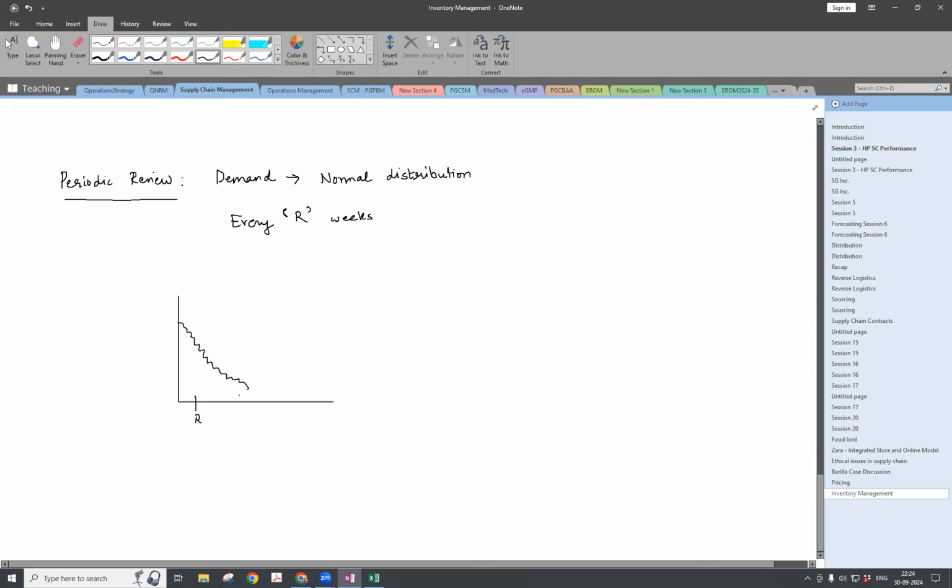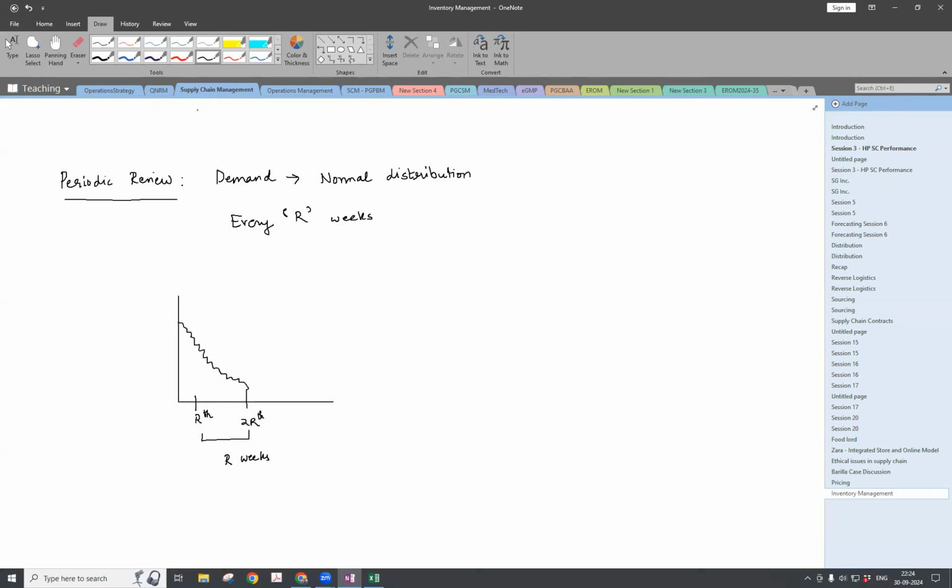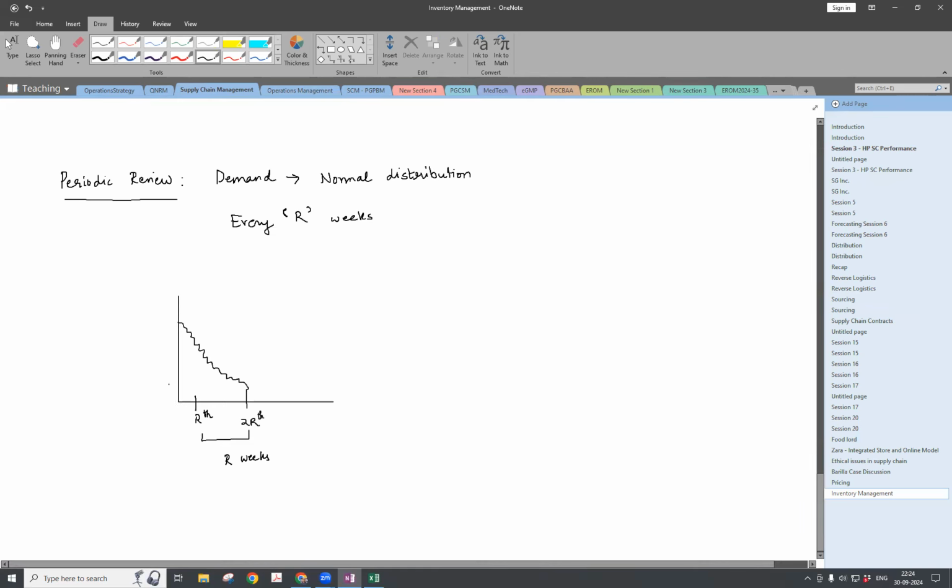And after another R, the time becomes 2R. So this is the Rth week, this is the 2R week, right? Between this, there could be any situation that could happen, right? There is no concept of reorder point over here.